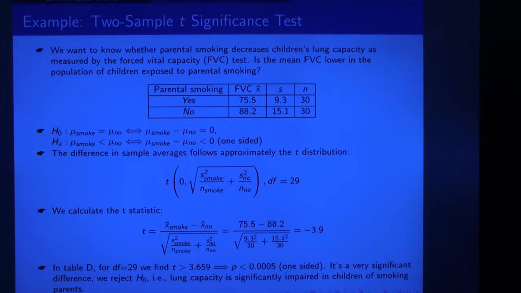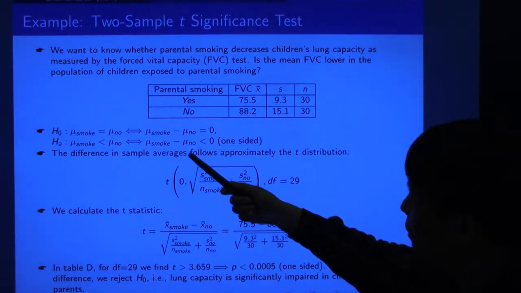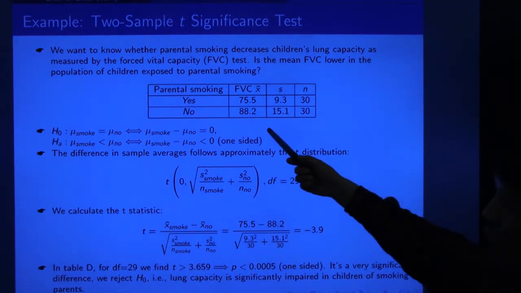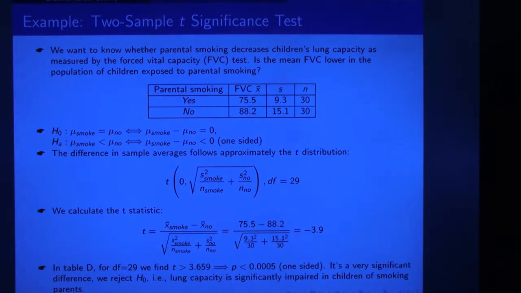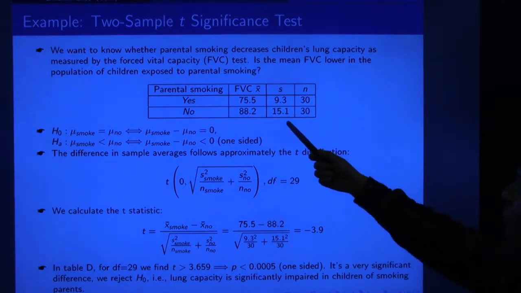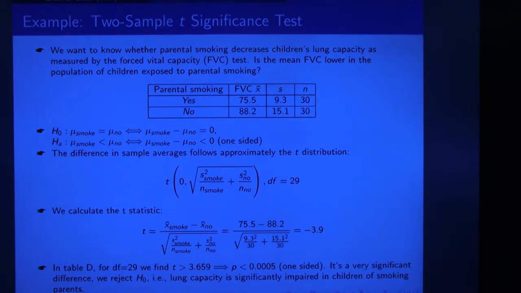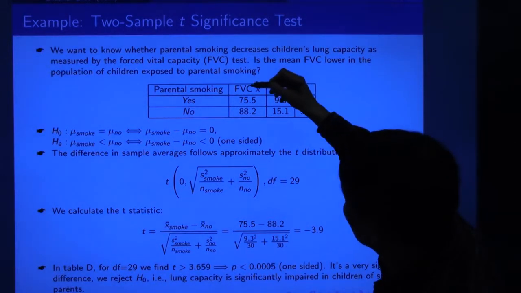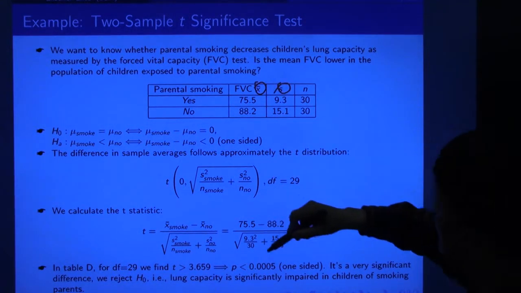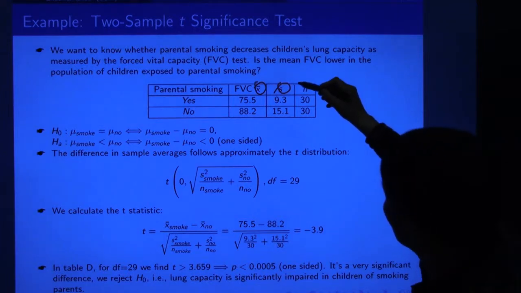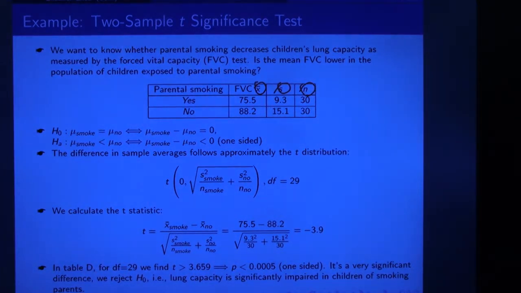In the second random sample, which is non-smoking parents, the mean of the sample equals 88.2, the standard deviation of the sample equals 15.1, and the sample size also equals 30. So we calculated the mean of the two samples, the standard deviation of the two samples, and we also know the sizes of the two samples.